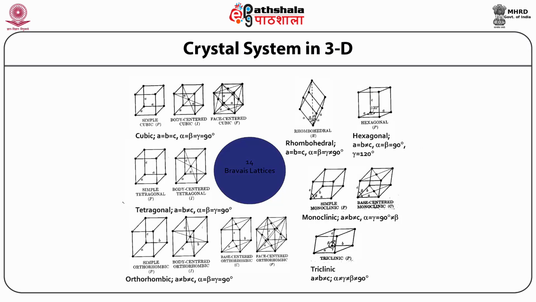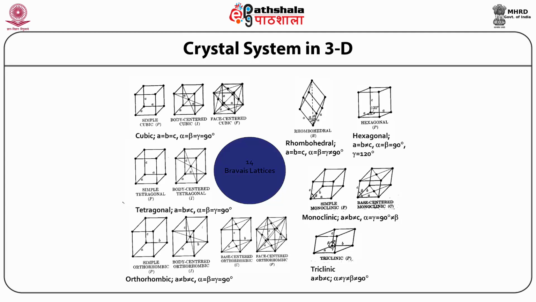In 1848, a French crystallographer, Bravais, showed that there are exactly 14 possible point lattices. These are also called Bravais lattices. Thus, the terminology point lattice and Bravais lattices are synonymous.